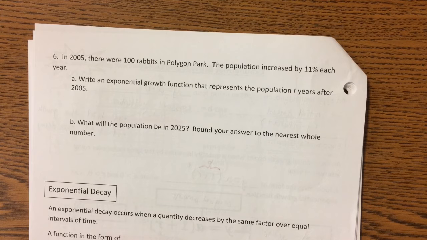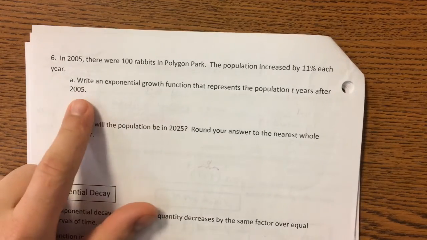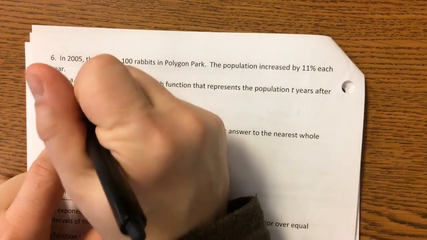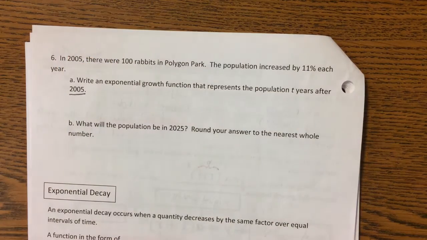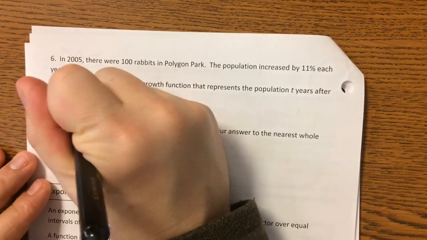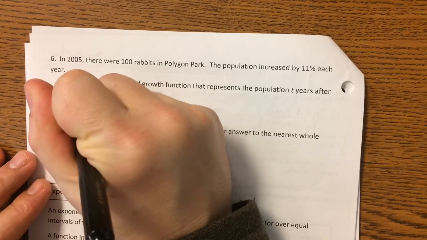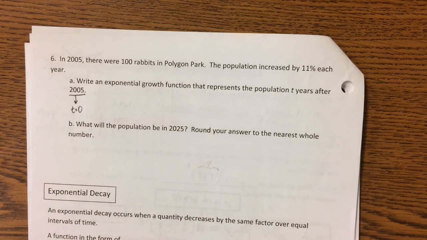And so what that means is that t equals 0 represents that year. So in this case, 2005 is our starting point. 2005 is what t equals 0 means. In other words, no years have passed since 2005.